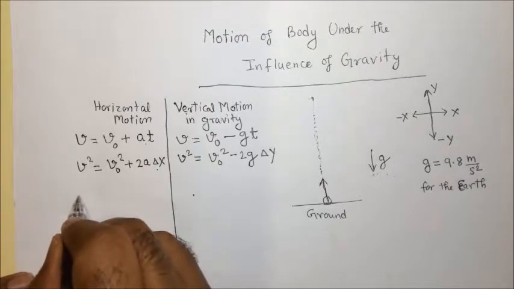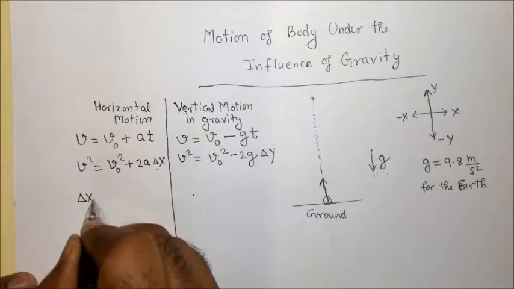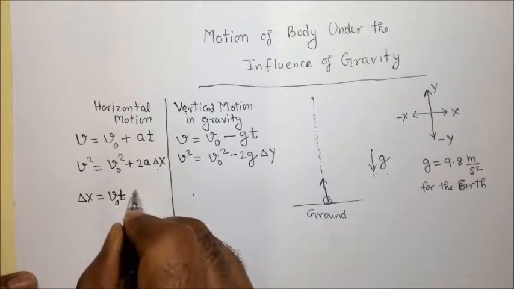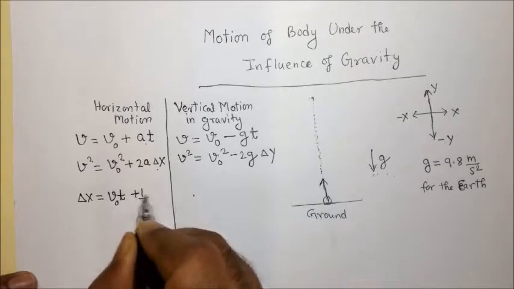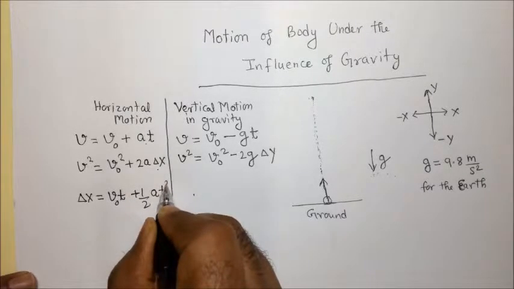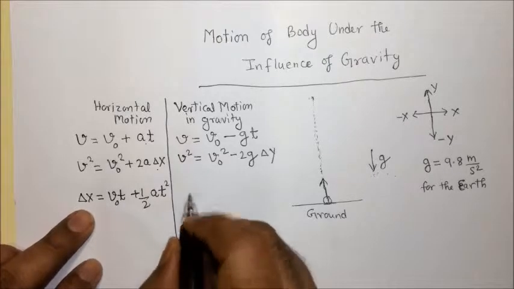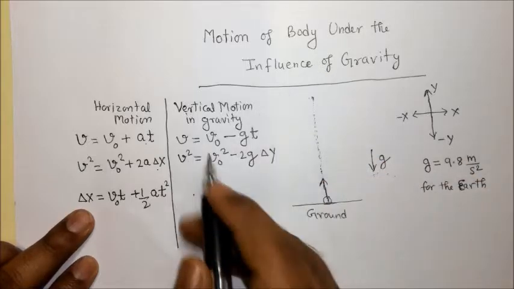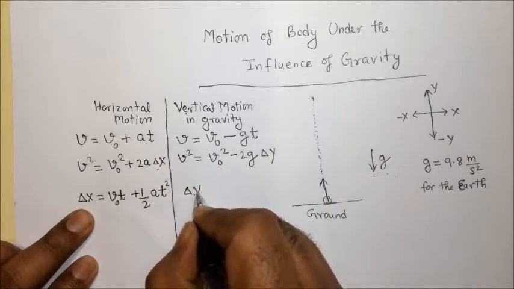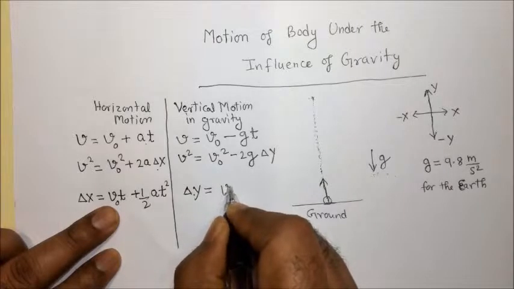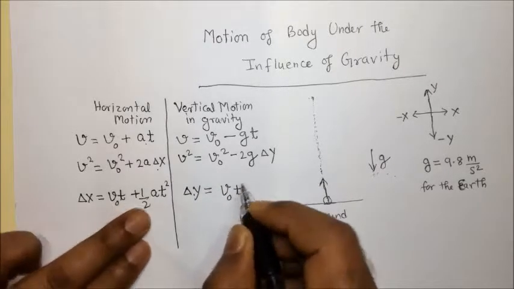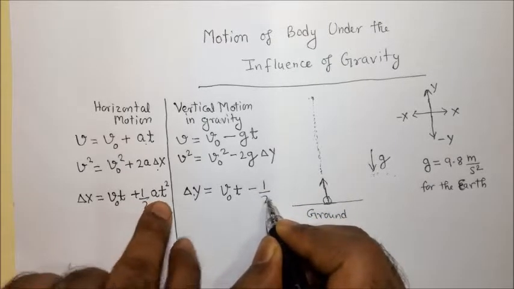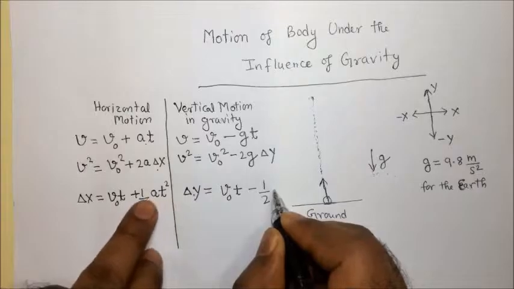And the third equation is delta X is equal to V initial T plus 1/2 AT square. In place of delta X, delta Y will be there. Delta Y is equal to V initial T minus half GT square, since A is replaced by minus G, so plus becomes minus.